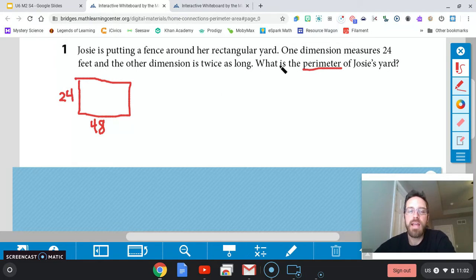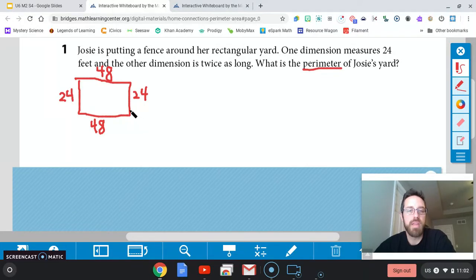So then it says, now that we know our dimensions are length and width, what is the perimeter? So how do we solve for perimeter? Well, perimeter always measures the outside of an object. You just add up your sides. If this is 48, I know by my background knowledge of rectangles, this has to be 48. And if that's 24, that has to be 24 as well.